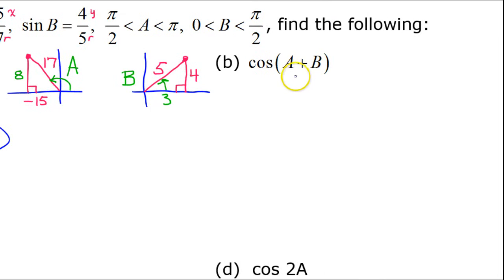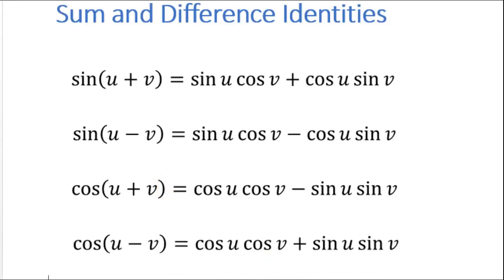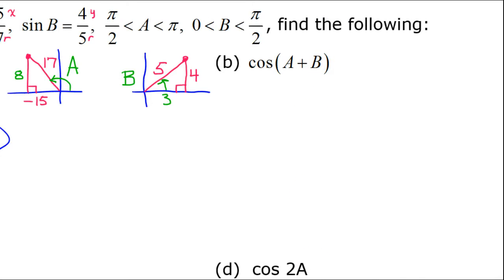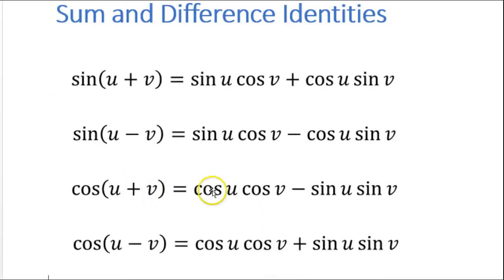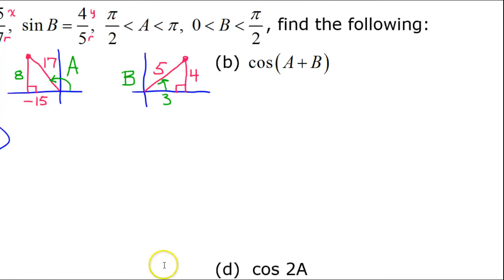Okay, now B. So looking at my cosine formula, cosine A plus B. So that'll be cosine cosine minus sine sine. So that should be cosine A cosine B minus sine A sine B. So cosine of A is negative 15 over 17.